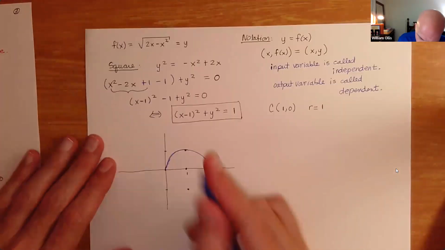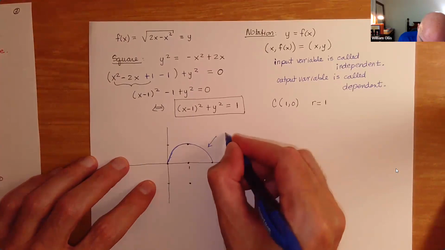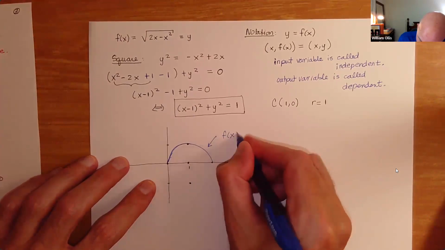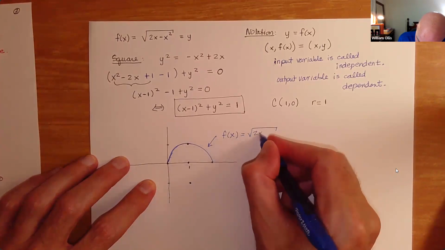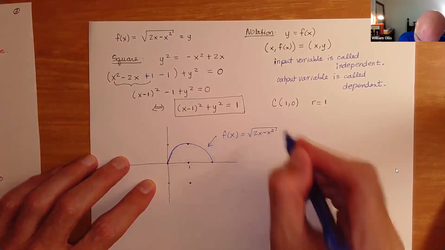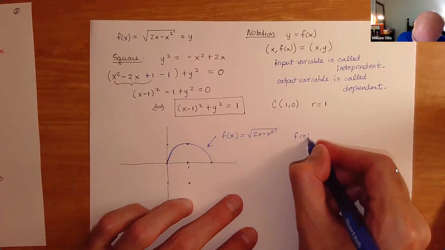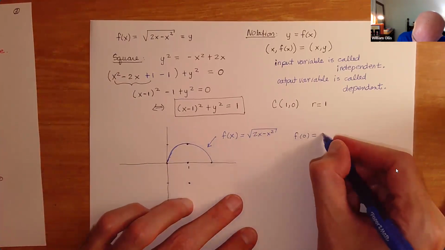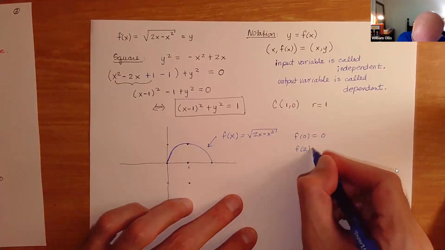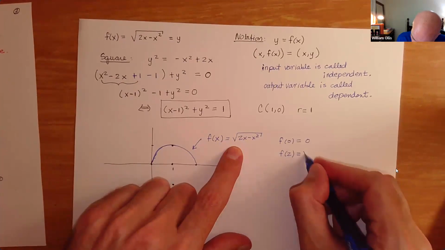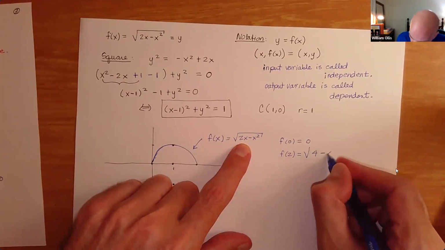So when we look at this part, this gives us the function f of x equals the square root of 2x minus x squared. Because we can note f of 0 is clearly 0. And then f of 2, well, let's just substitute. We have 2 times 2, which is 4, and 2 squared is 4.